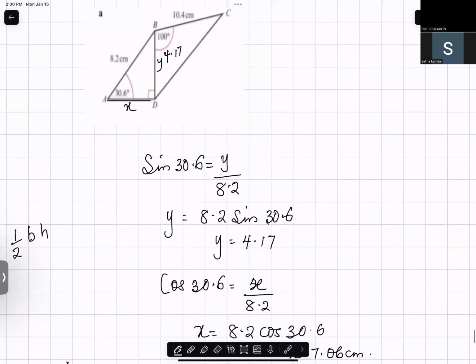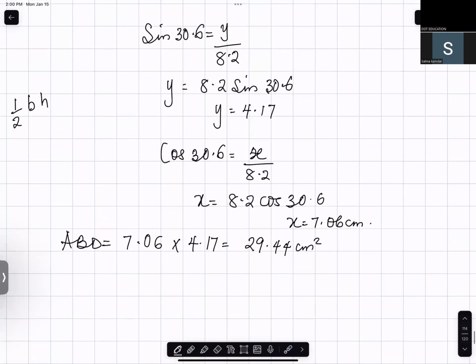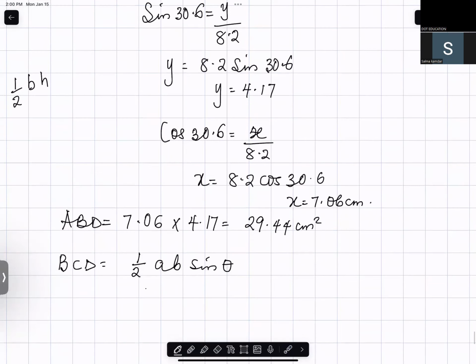And area of triangle BCD, we are using half AB sine theta. So that is half multiplied by 4.17 multiplied by 10.4 sine 100. That gives us 21.35 cm squared.